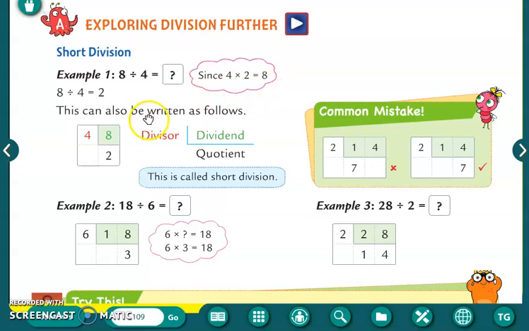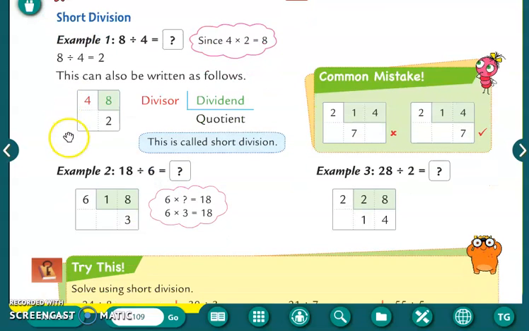So the answer will be 2. And this division we can write like this also: 8 divided by 4, and the answer will be 2. So here you can see divisor, dividend and quotient.